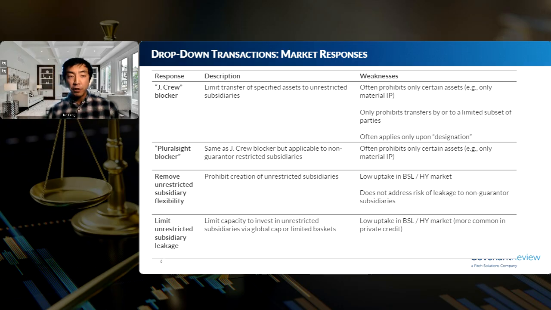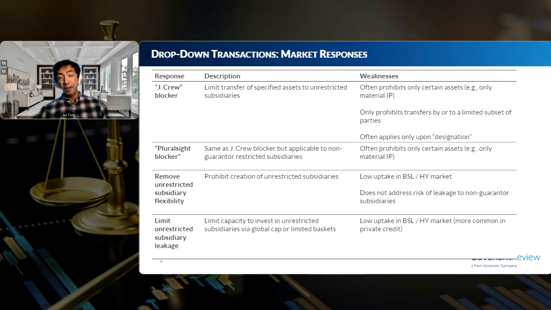Some deals might try to be a little bit more expansive and just say any material assets. Obviously, that would be a better response, and on a post-LME basis, that's usually what we see instead. But unfortunately, new issue documents in both the high yield market and leveraged loans will continue to use this more limited J.Crew blocker, which only prohibits transfers of IP.